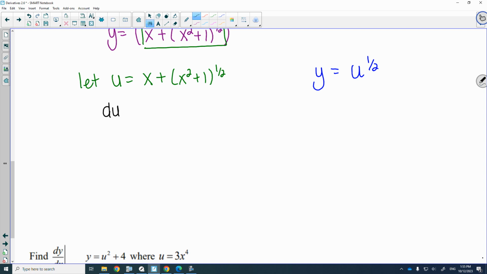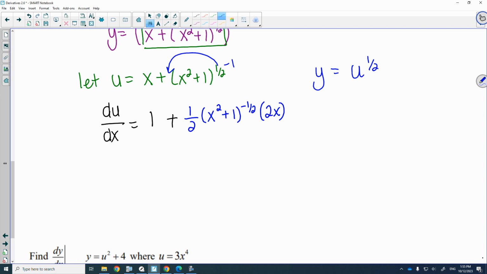The derivative of u with respect to x is equal to the derivative of x, which is 1, plus the derivative of this function, which would be chain rule. So 1/2, inner function stays the same, subtract 1 to give me negative 1/2. The derivative of the inside function is 2x. 2 over 2 will cancel.